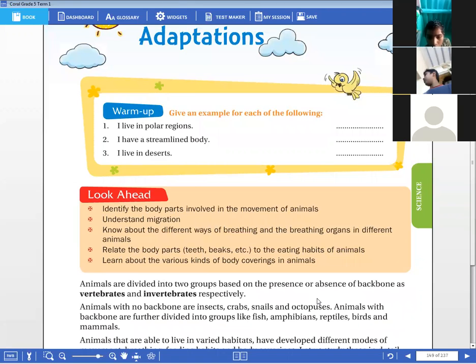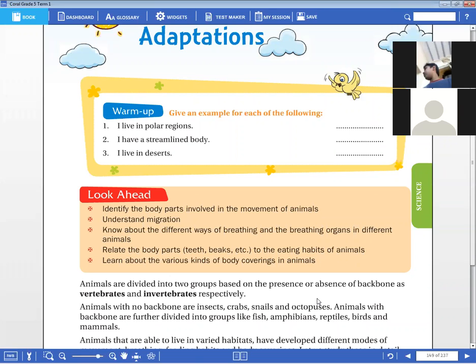Presence, absence, backbone, vertebrates, invertebrates.